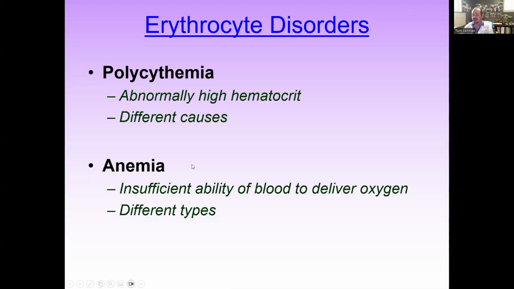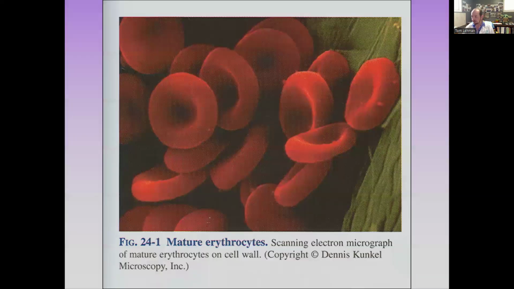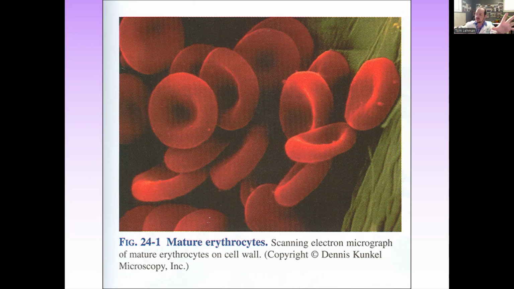On the other side of that is anemia. Anemia is not so much low red blood cells, it's an insufficient ability of blood to deliver oxygen. But for some reason, the blood's not functioning well. We'll look at examples. We see our typical red blood cells, these little biconcave discs. They soak up oxygen in the lungs. They go out to the tissues and they release it like sponges.